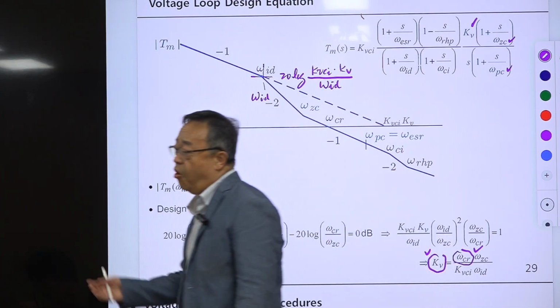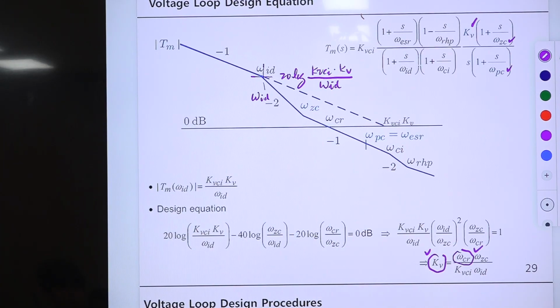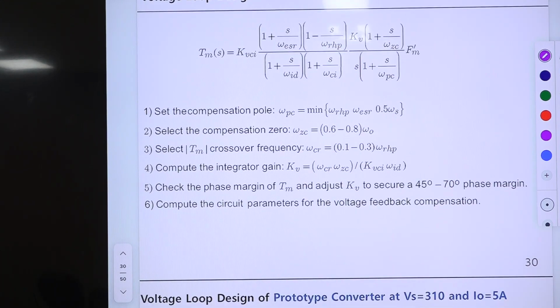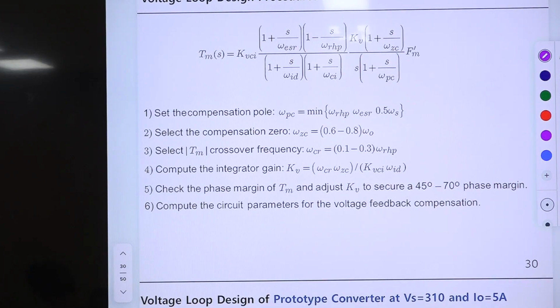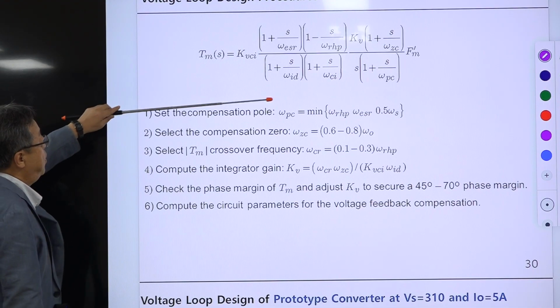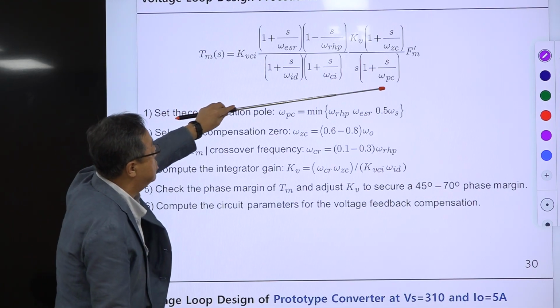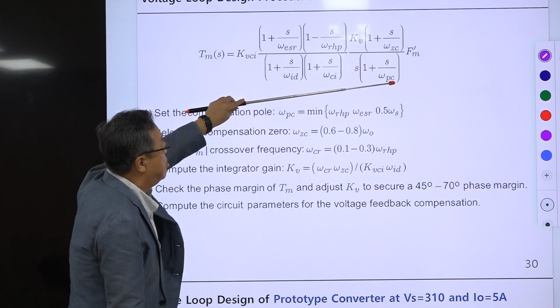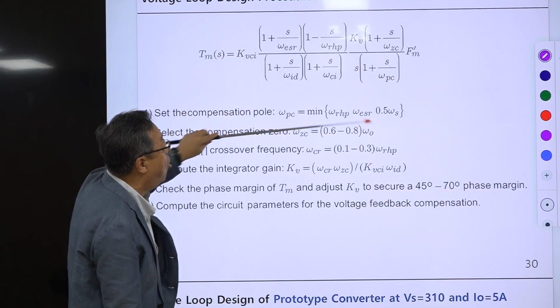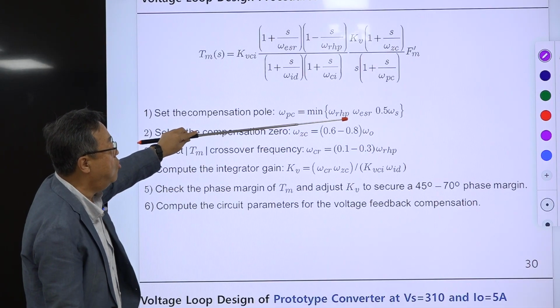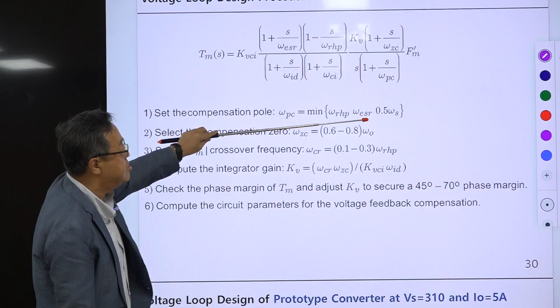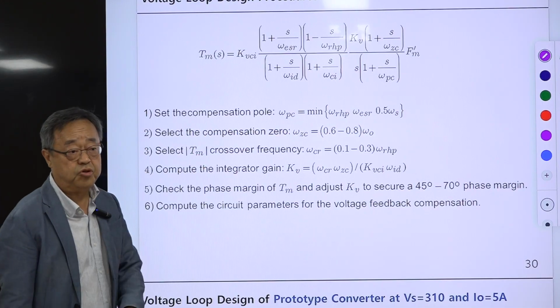So the selection of these corner frequencies and the crossover frequency is summarized here. I already explained this, but this is the summary. The compensation pole, which is this, we place at the minimum of 3 frequencies. The first one is the RHP zero, the second one is the ESR zero, and this one is half of the switching frequency.